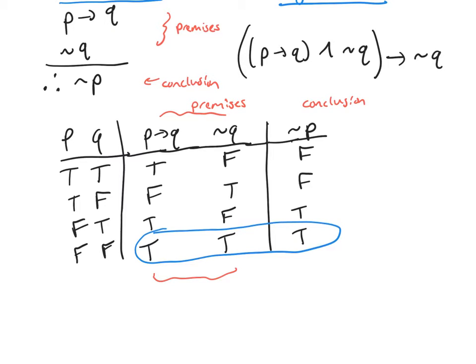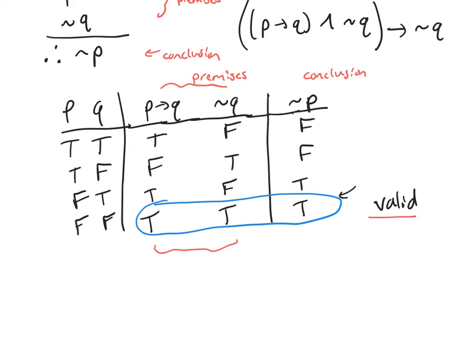And then I look at my conclusion. My conclusion in the critical row is true. So that tells me that this argument is valid. It's valid because my conclusion is always true in my critical rows, or in this case, just a single critical row.